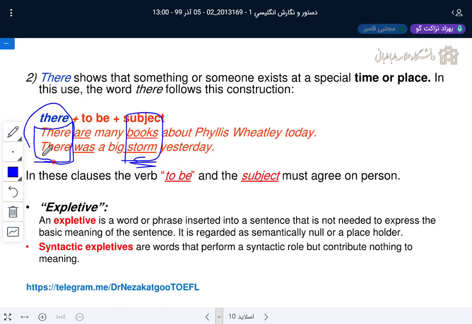But this is the filler. This is called dummy or expletive. And it is a syntactic expletive because it functions as the subject, but it is not the subject. The real subject, the logical subject, comes immediately after the verb.